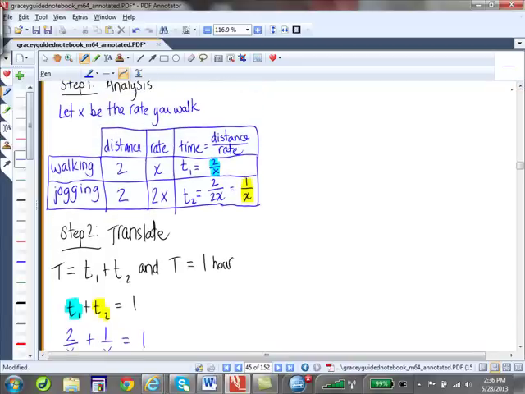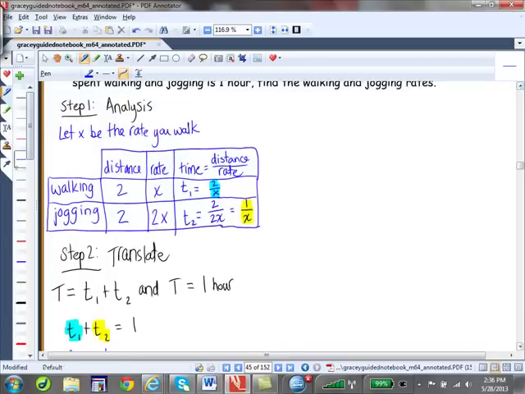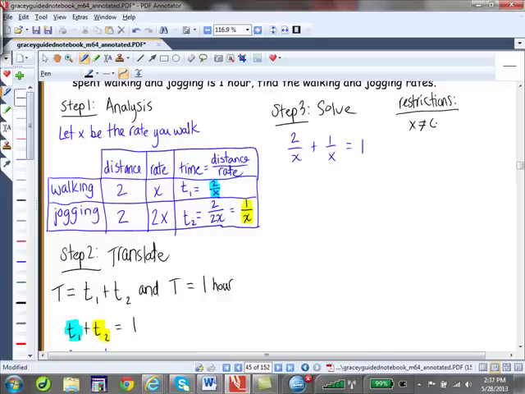So our third step is to solve. Now we have a rational equation, right? So we have the rational equation 2 over x plus 1 over x is equal to 1. So restrictions: x cannot equal 0. LCD is x. Okay.